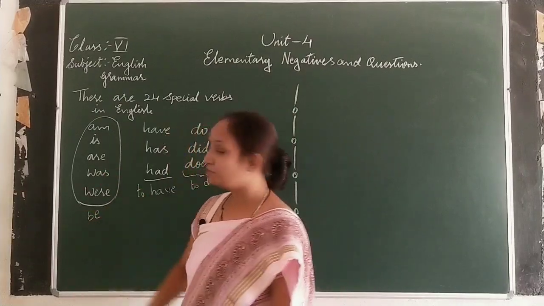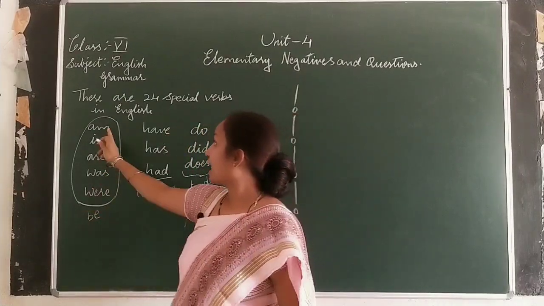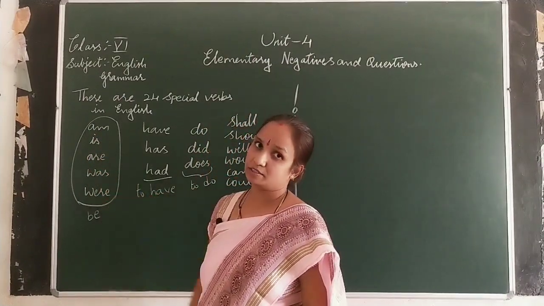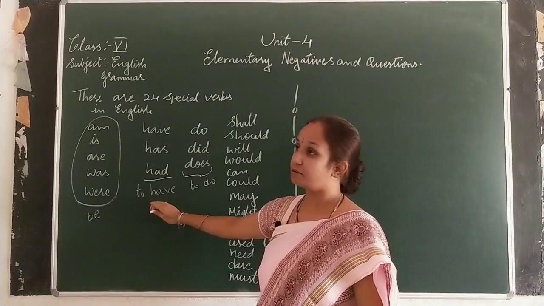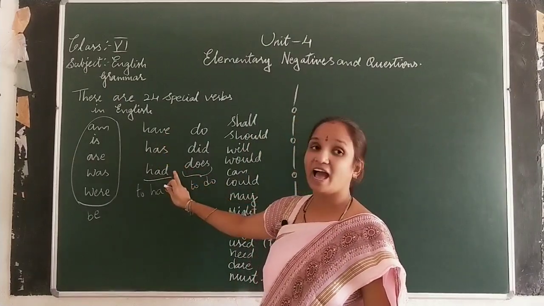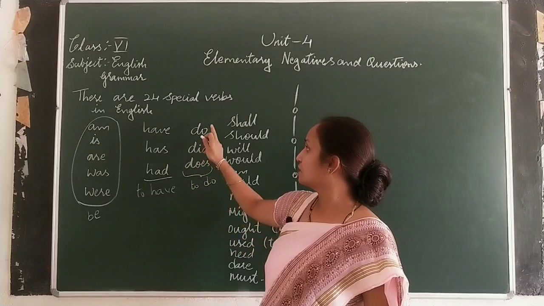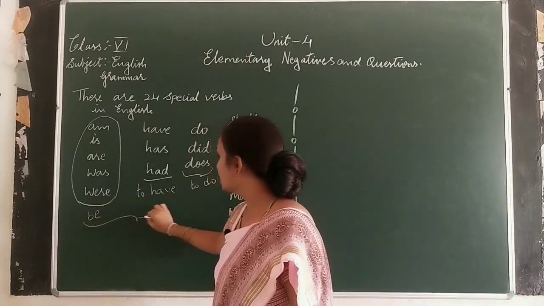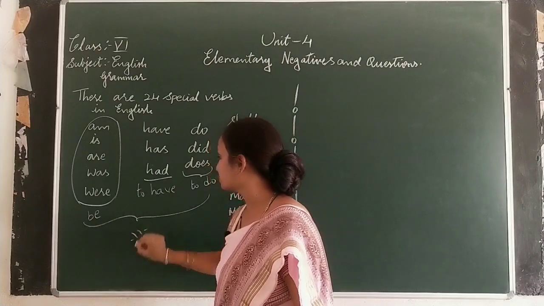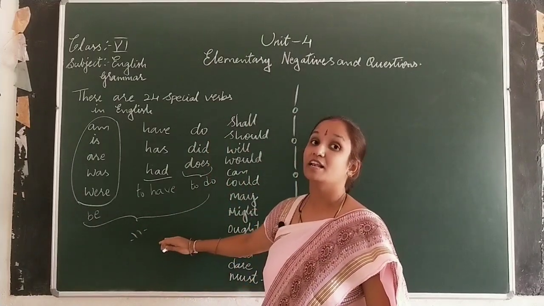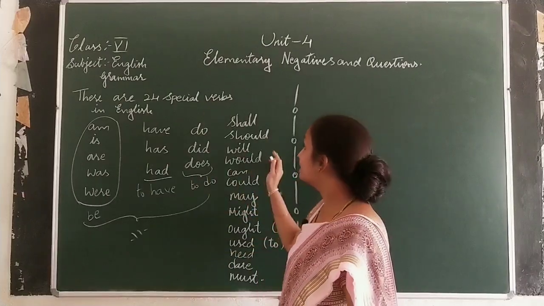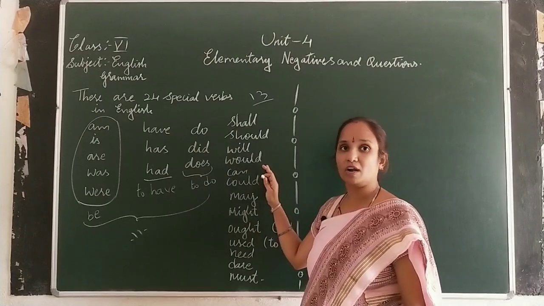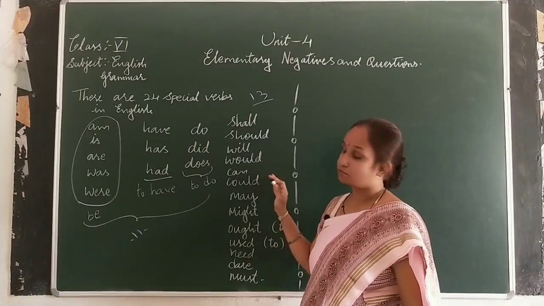In to be verbs, you'll get 5 verbs: am, is, are, was, were. In to have verbs: have, has, had. In to do verbs: do, did, does. These are totally 11 verbs. The other 13 verbs are also called modals.